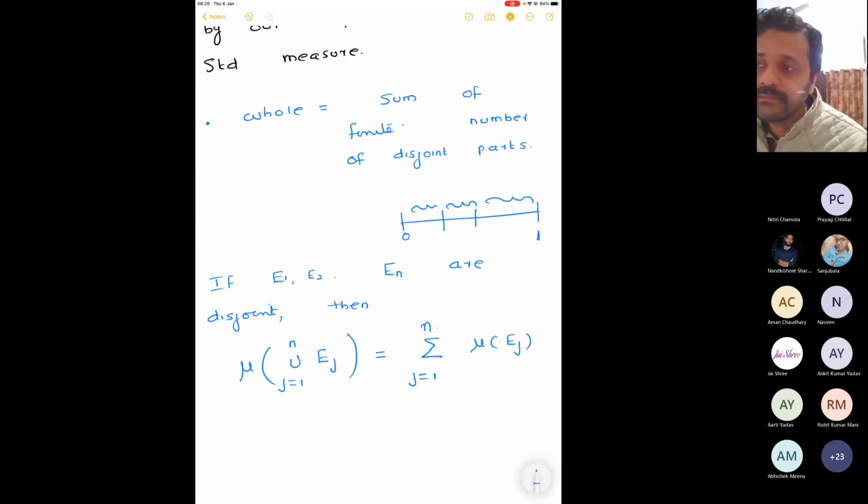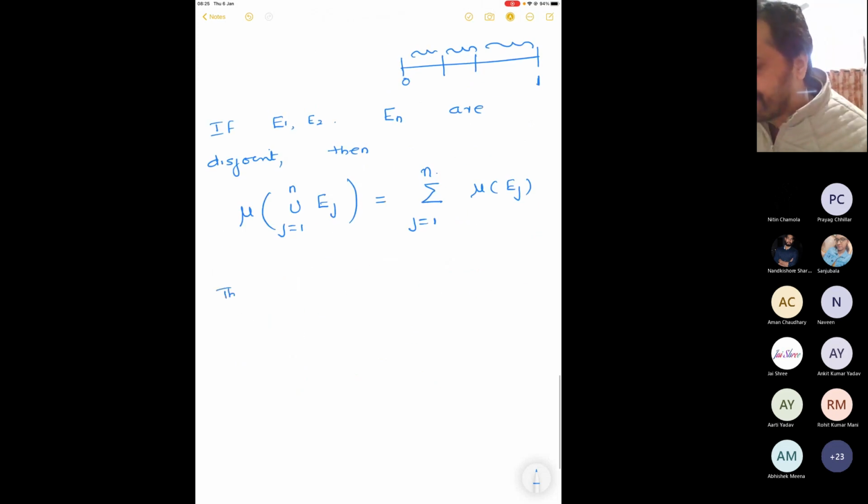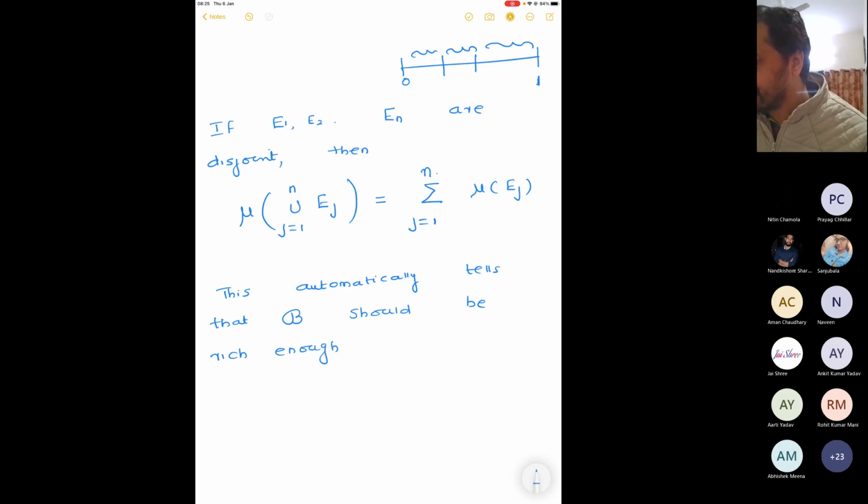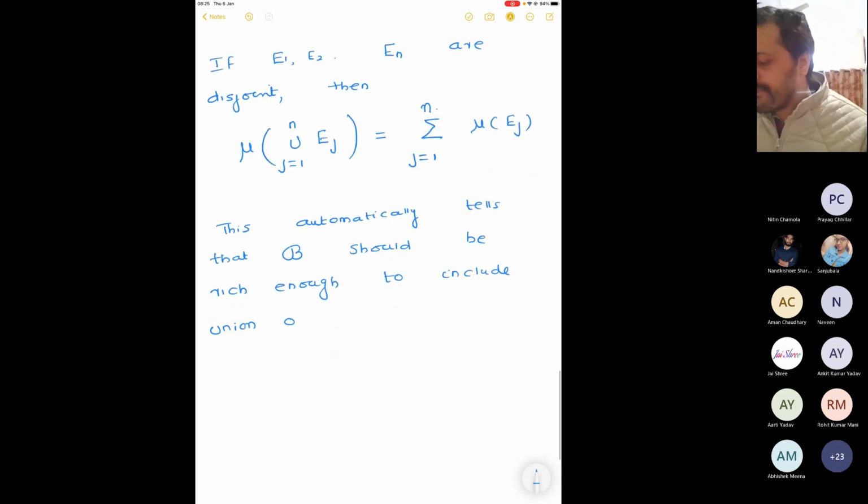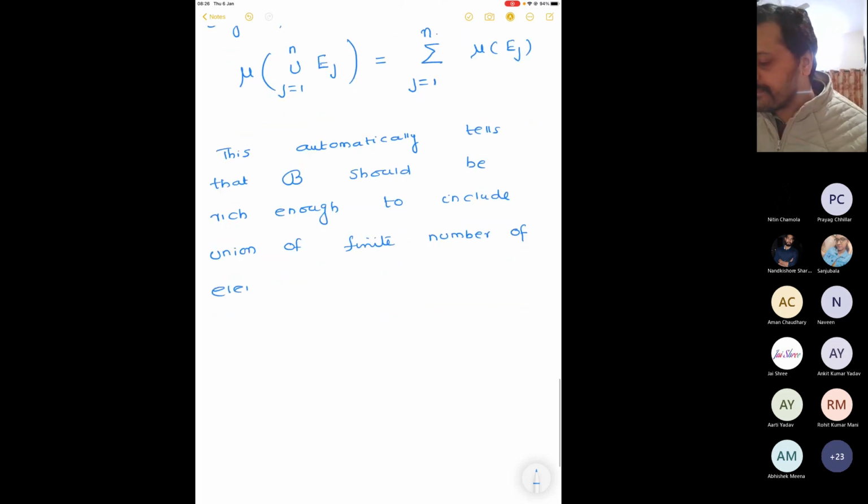Therefore, this union should be in B. So that gives me a condition on B. This automatically tells that B should be rich enough to include the union of a finite number of elements in B that are disjoint.